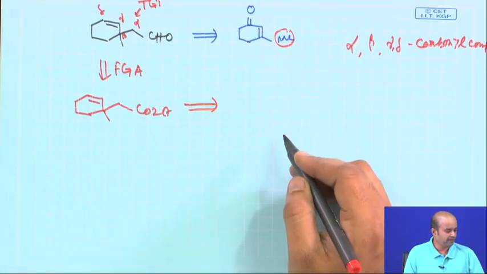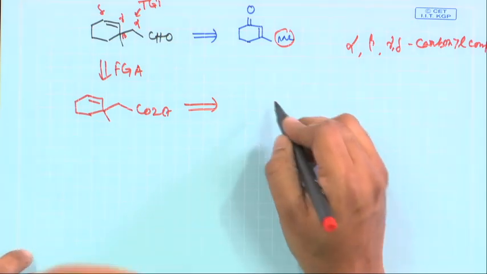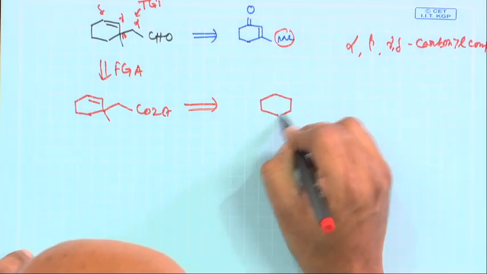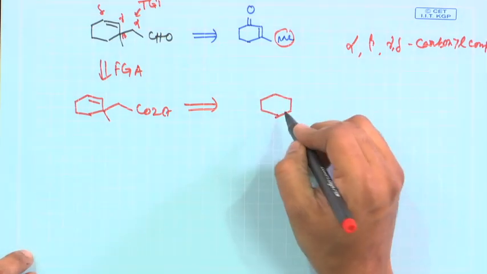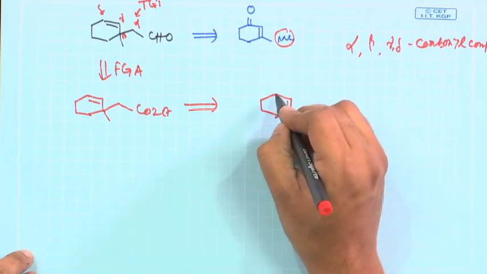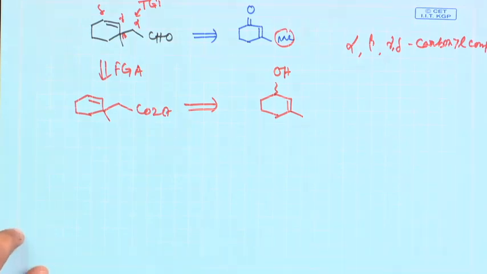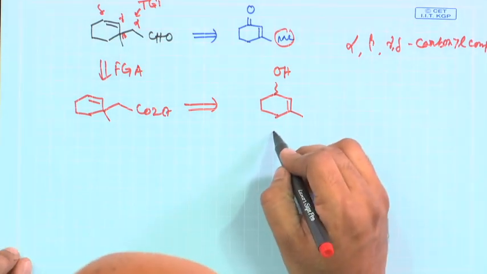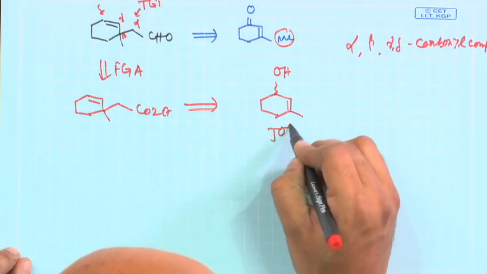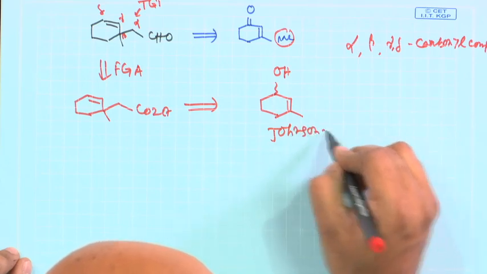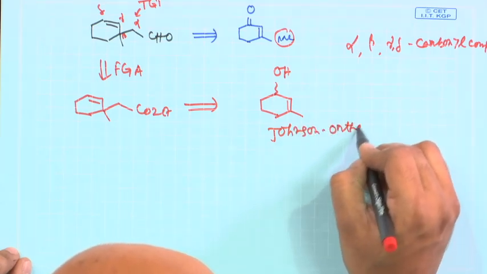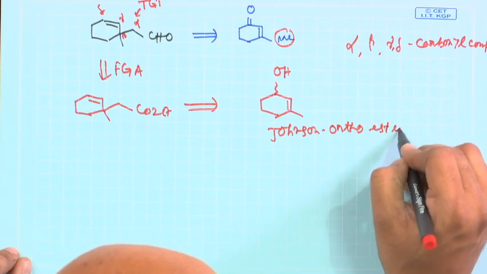Now, here your main trick comes: how can you prepare this gamma delta unsaturated ester? The reaction we are looking for is a very important name reaction, the Johnson orthoester Claisen rearrangement.